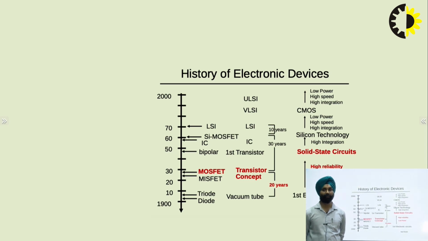So this is all about the history of the IC. We have discussed how the IC was started and how it has reached a place where we can take ICs into very large computers. Thank you.